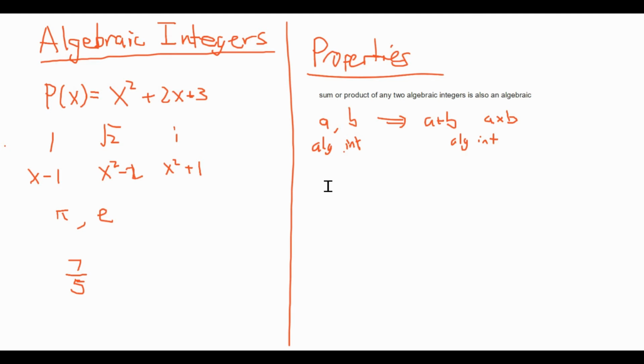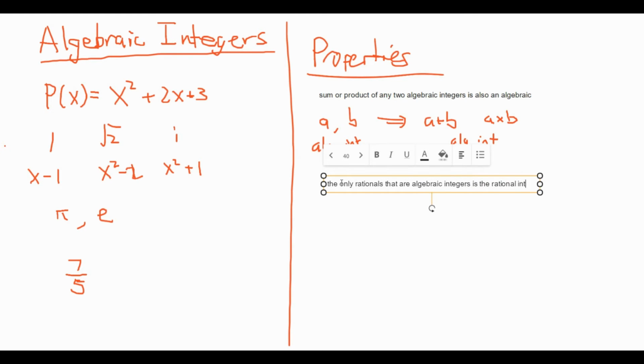Our second property here is that the only rationals that are algebraic integers is the rational integers. In other words, the integers that we all know.